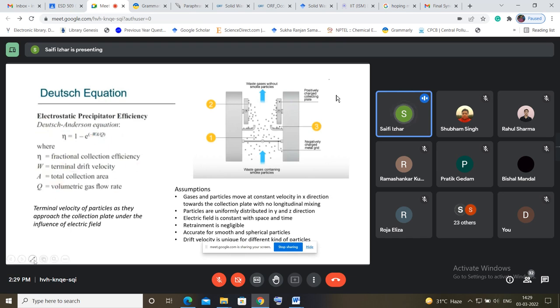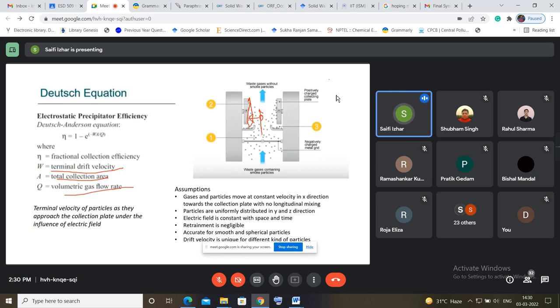This drift velocity is basically a horizontal velocity: once the particle is charged, it will drift towards the collector plate as the gas is flowing. The horizontal velocity with which it moves towards the collector plate is called terminal drift velocity. A is your total collection area of the collector plate, and Q is your volumetric gas flow rate.